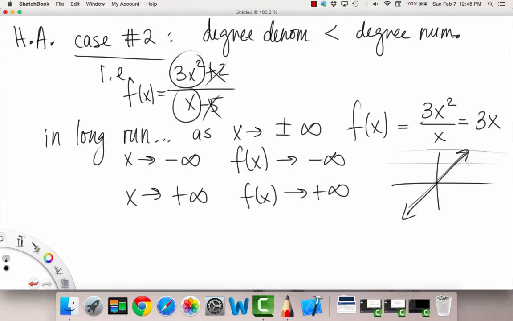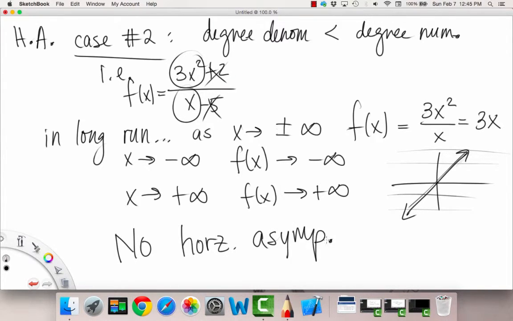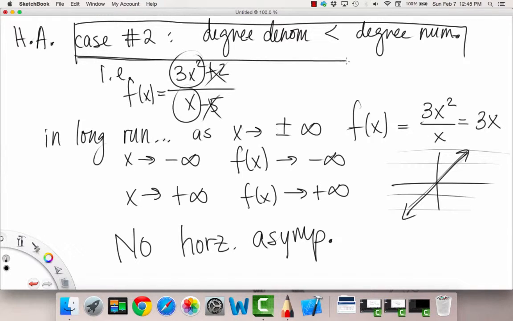There's no place where it levels off in the long run. So there is no horizontal asymptote when we have case number 2, which is when the degree of the denominator is less than the degree of the numerator.